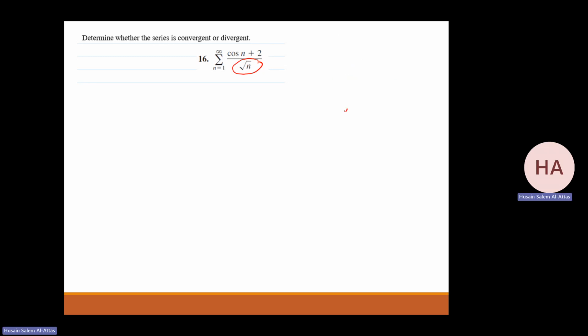But I know cosine n, let me do it this way. Cosine is between -1 and 1. So cosine n plus 2 is between 1 and 3.